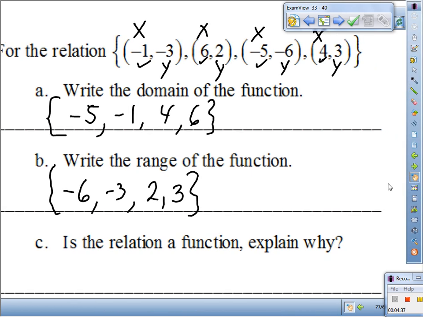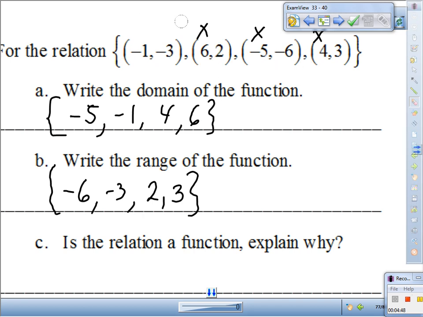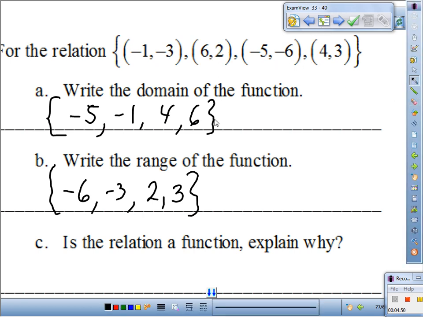And the question they ask, is this relation a function? Explain why. How can we check to see if this is a function? Luz. All right, so we check to see if any x values repeat. Do any of them repeat? No. So that means this is, yes, a function.